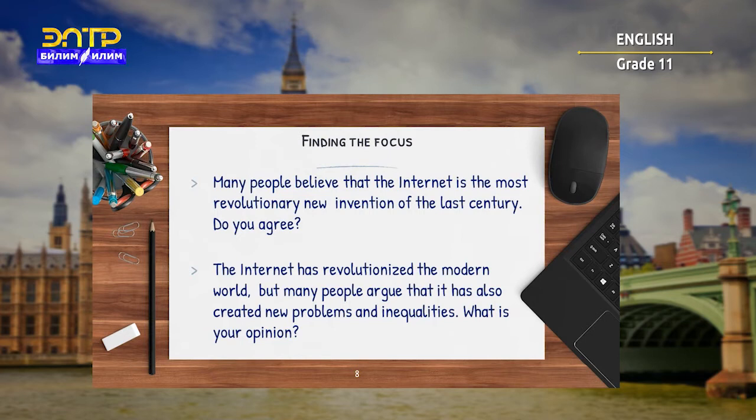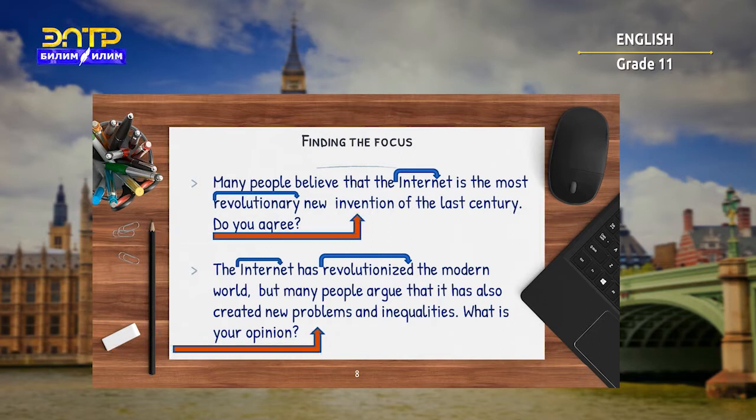In each of the above, the topic is the internet and its revolutionary role in the world. So you must have a basic idea about what the internet involves and think about what revolutionize means. In order to make fundamental changes, however, each topic raises different questions and must be answered differently. The first topic involves comparing the internet and other inventions and arguing that it is or is not the most revolutionary.